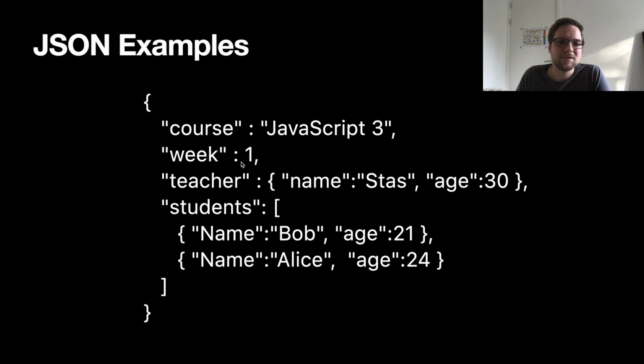The second property is week, and it's a number. The third property is teacher, and this is an object with name and age, just like before. And the fourth property in this whole big object is an array of two more objects. It makes sense from the contents that you can have a student array, because there are multiple students, and every student has a name and an age.